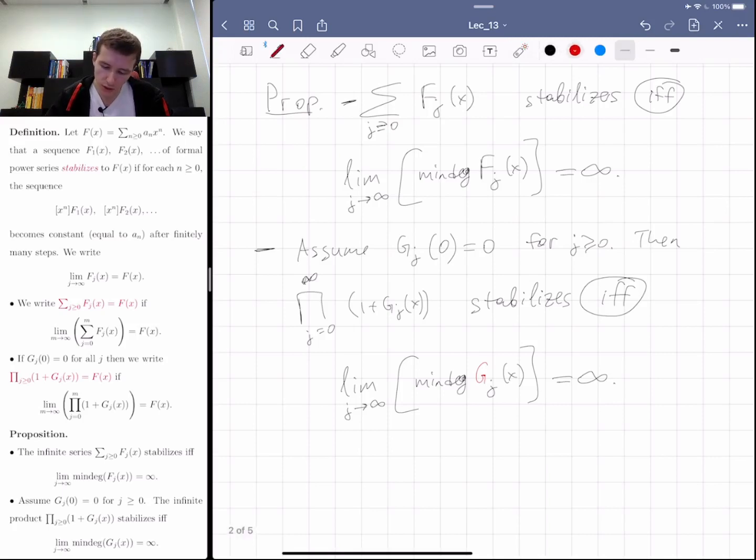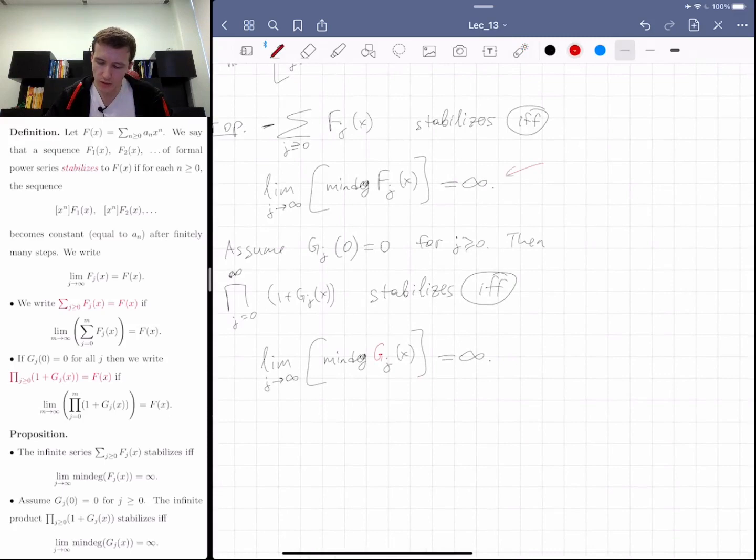This means that for each n, after finitely many steps, the coefficient of x to the n in f sub j of x is 0.